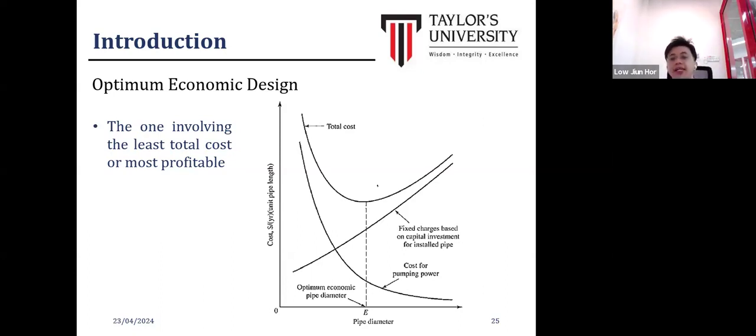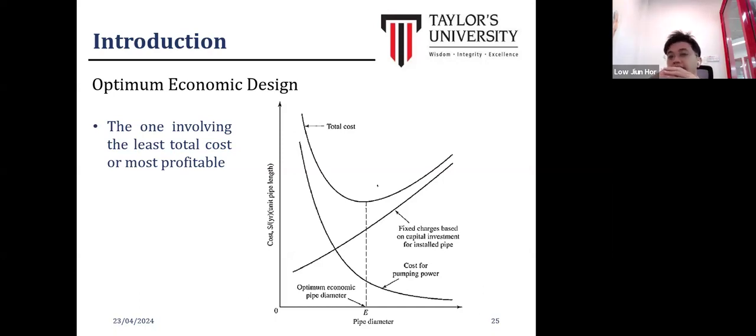Similarly, the smaller the pipe diameter, normally the bigger the frictional force between the process fluid and the inner surface of the pipeline. Since the frictional force is bigger, we need to supply more power. When you want to supply more power, you need to purchase and operate a pump with higher horsepower, HP.